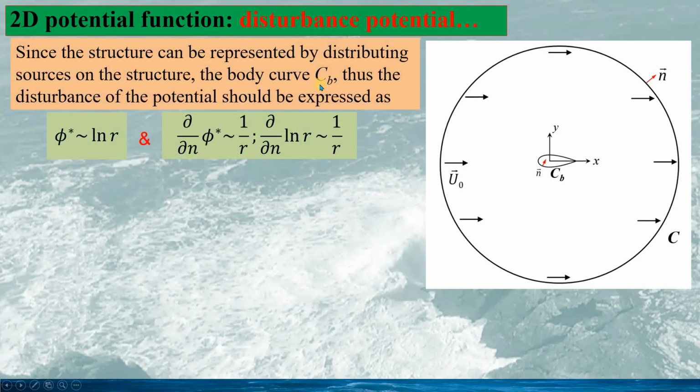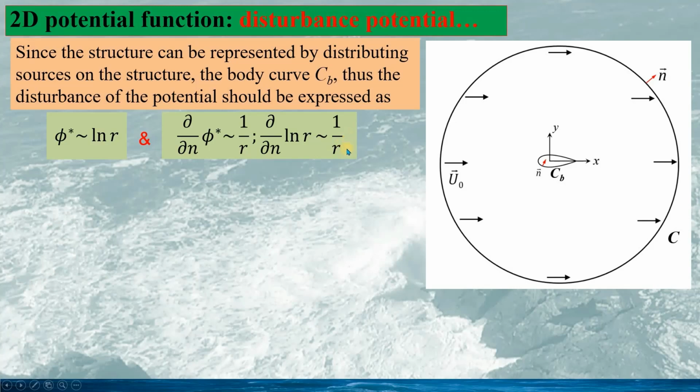Since the structure can be represented by distributing the source on the body curve CB, the disturbance potential function would be given as phi star proportional to logarithm r, and the normal gradient of phi star would be proportional to 1 over r, and the same for the normal gradient of ln r.